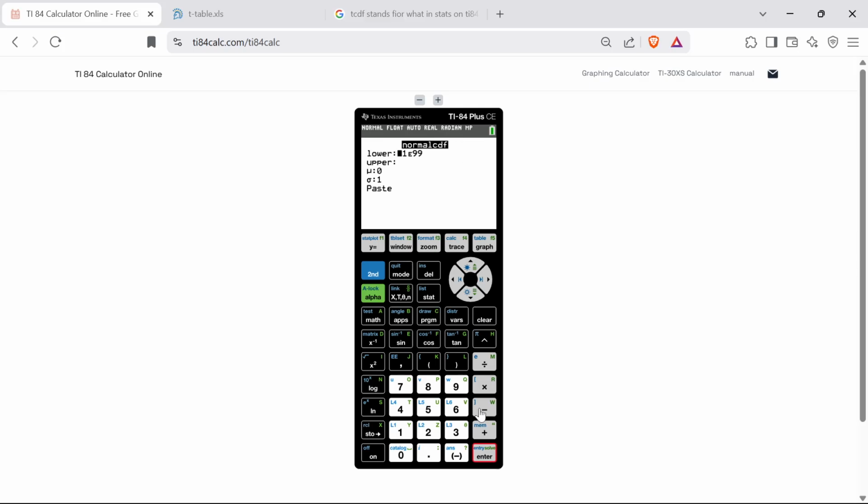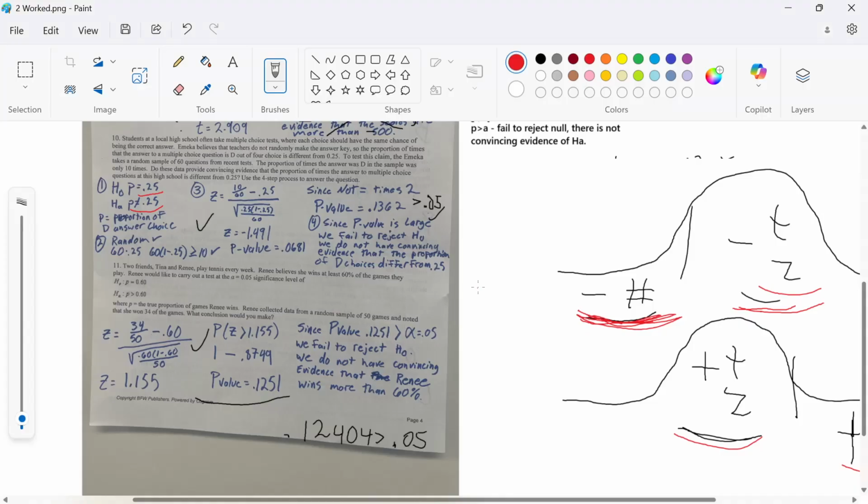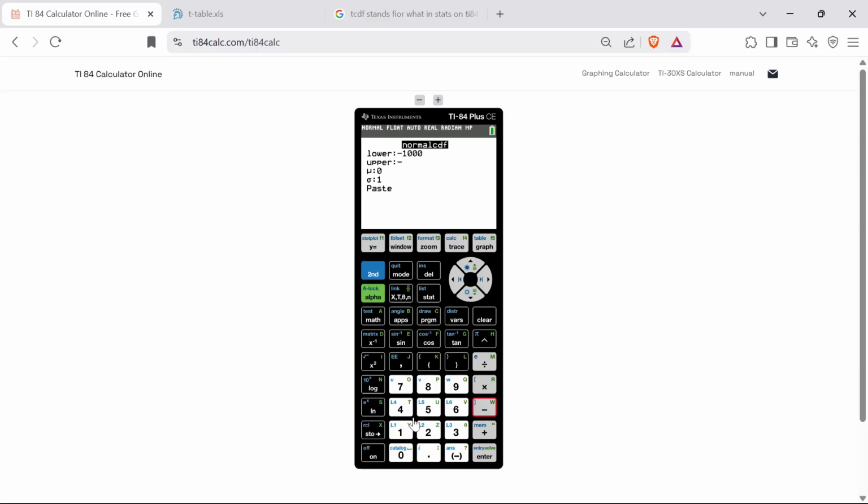I think this time I'll put negative 1,000 just to show that that works. And then below I will put the negative z-value, negative 1.491. I need a mean for the normal distribution. Mean is 0, standard deviation is 1. I will paste, and then I hit enter again, and I got an error.